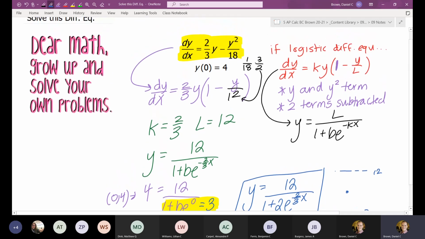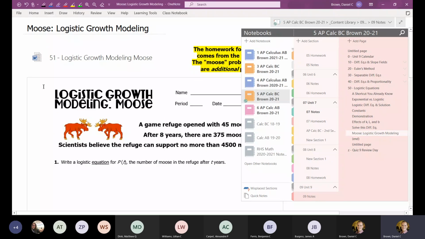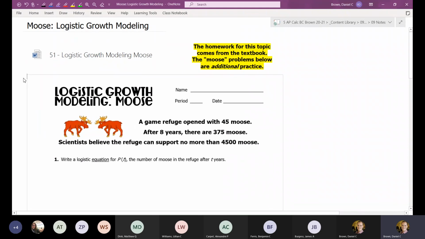Okay. So that's basically what we have for the logistics equations. Again, you have to have those formulas memorized to make this easy for you. But that's basically all there is to the logistics equations. Before I take any other questions, I do have one word problem. It's a moose problem that you can see in OneNote. It's optional, but I might strongly encourage you to at least look at it before your test on Friday.